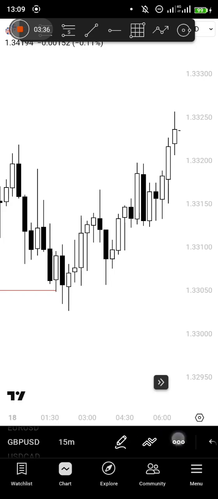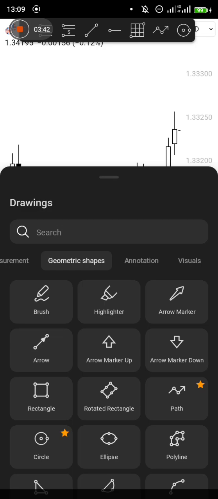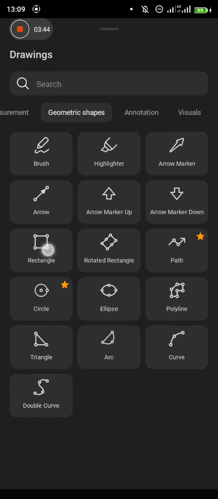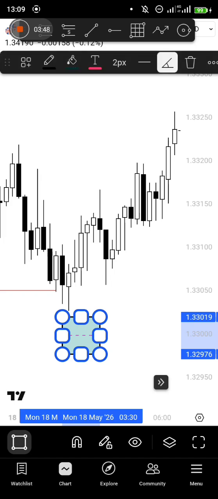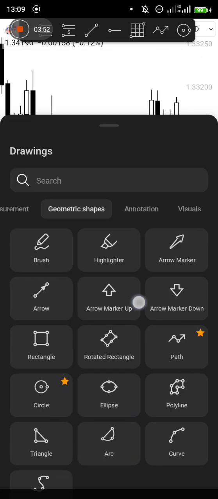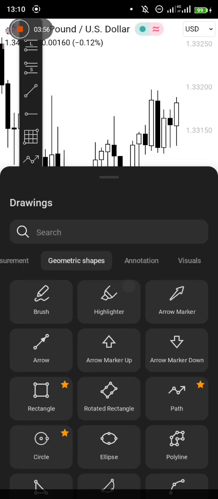Firstly, an engulfing candle can form once. Let me draw a simple box so you can see. Okay, hold on, I'll just add it to favorites so I can use it ASAP.